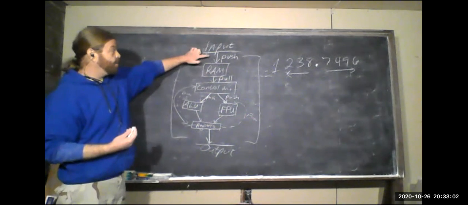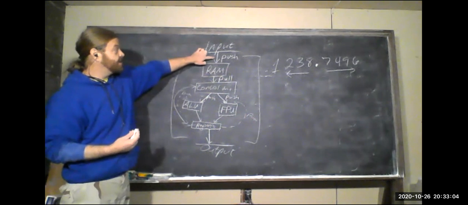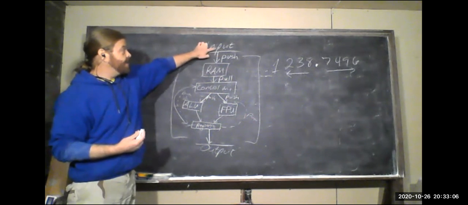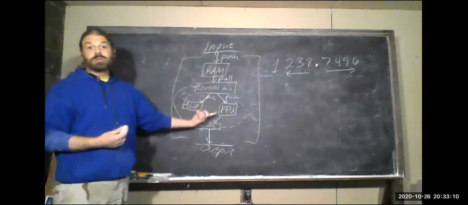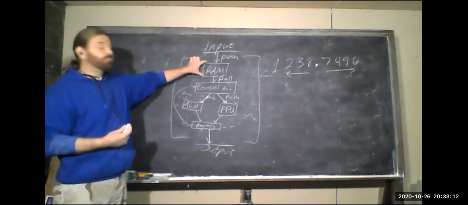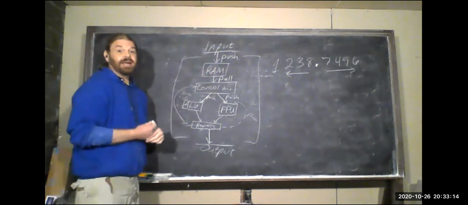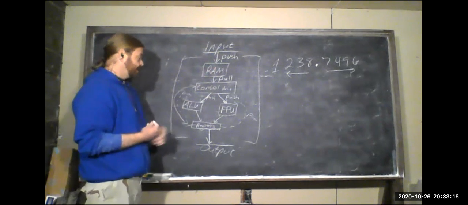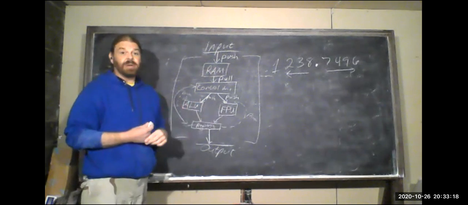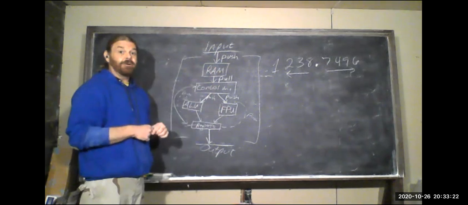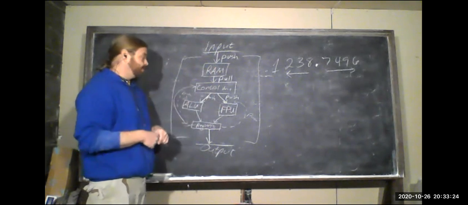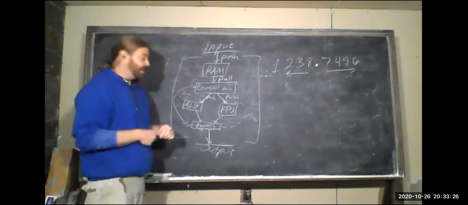And one important thing I wanted to note about this picture is input gets pushed onto RAM, and then the control unit pulls things from RAM. RAM itself doesn't do anything. It just sits there. Same thing with the ALU and the FPU. Those are circuits that carry out a particular pattern that will run the bits through, but they don't do anything on their own.